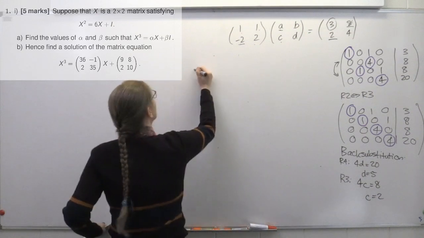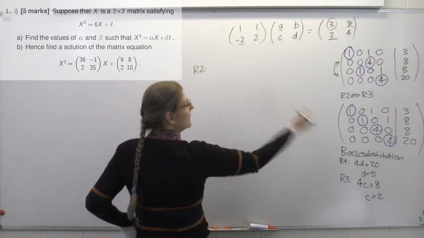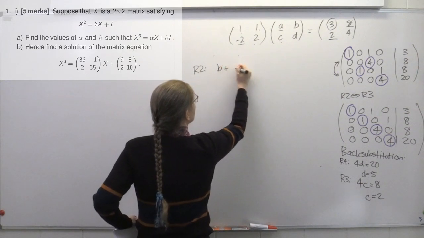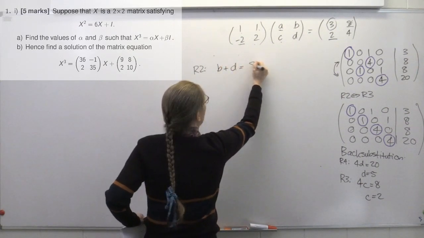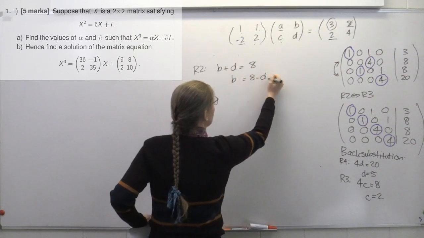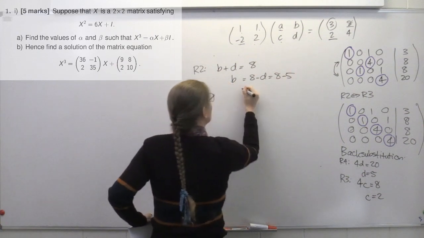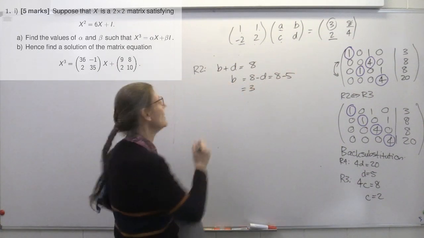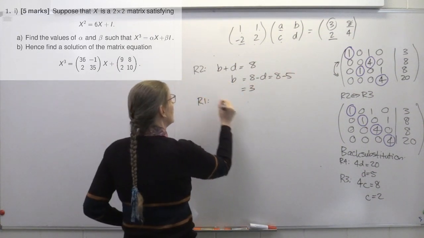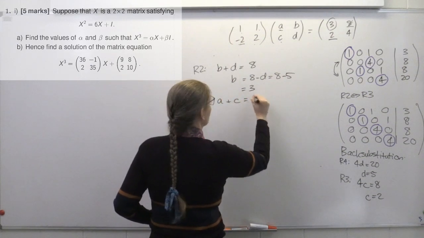Okay, row 2 says that B plus D is equal to 8. So B is equal to 8 minus D, which is 8 minus 5, so that's 3. And row 1 says that A plus C is equal to 3.